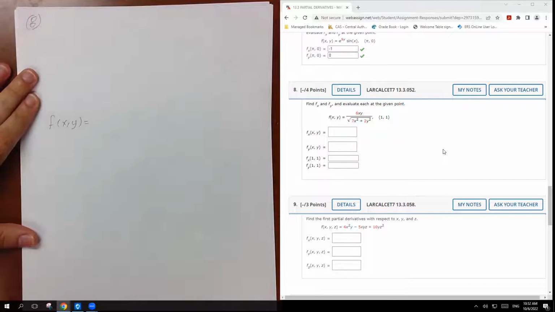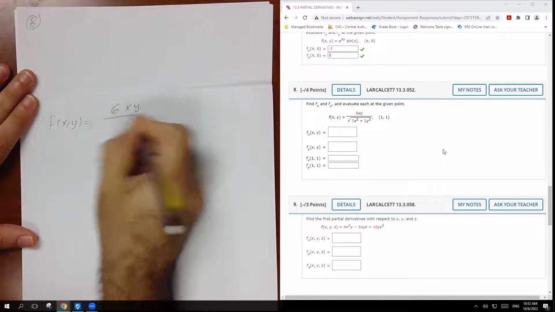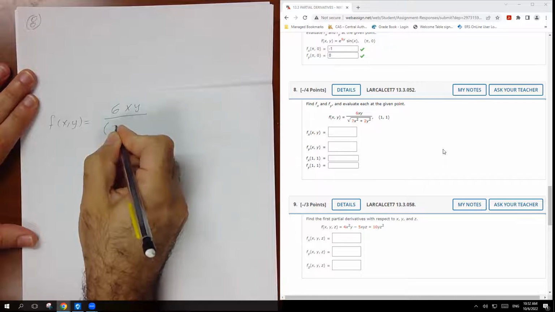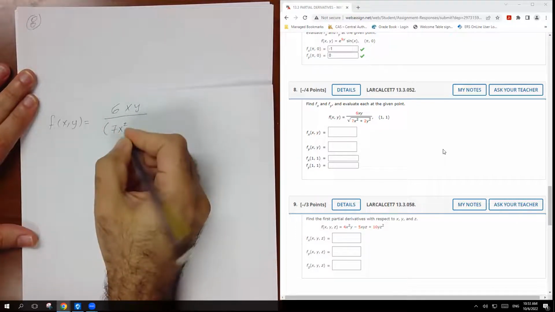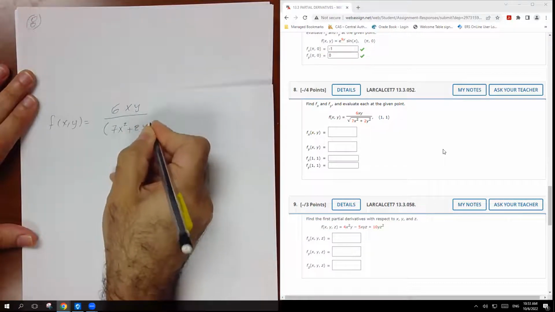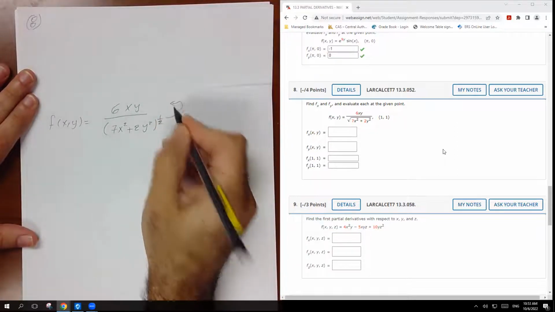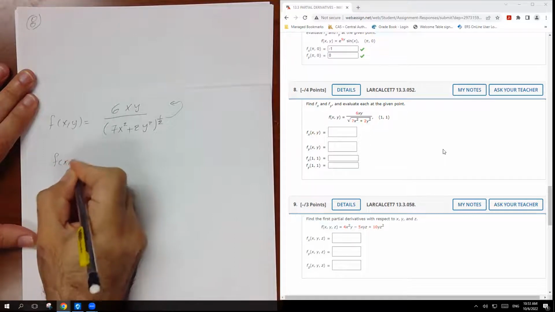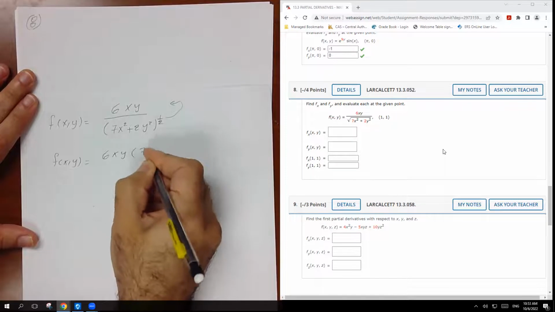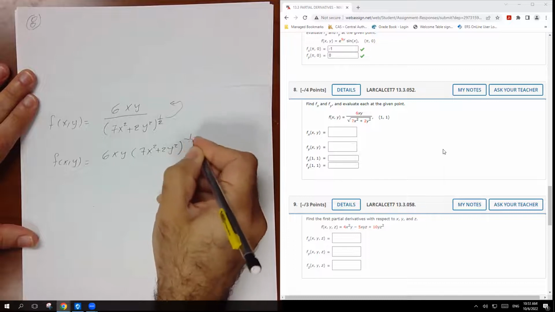You can use the chain rule, but first of all, you're going to say 6xy over (7x squared plus 2y squared) to the power half. Then take this one up. So f of x, y equals 6xy times (7x squared plus 2y squared) to the negative half.